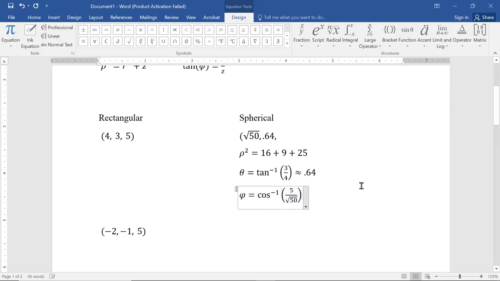And so I have to be a little bit careful of what's going on here. My point has all positive values. So it is the phi, which is just cosine inverse of 5 over square root of 50.